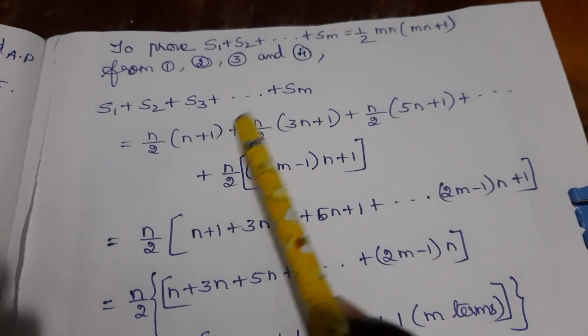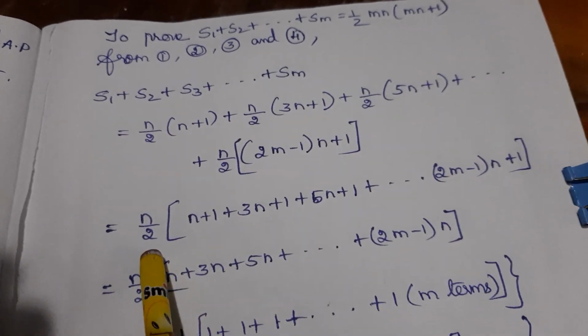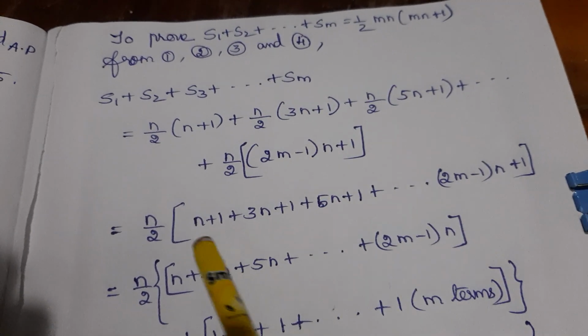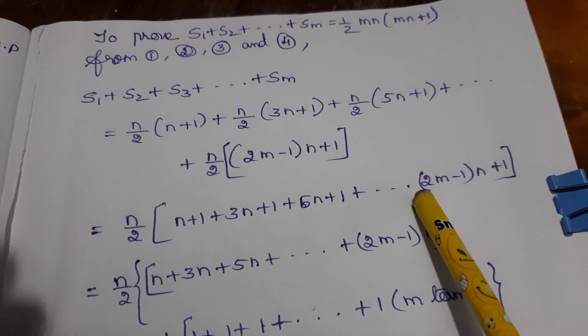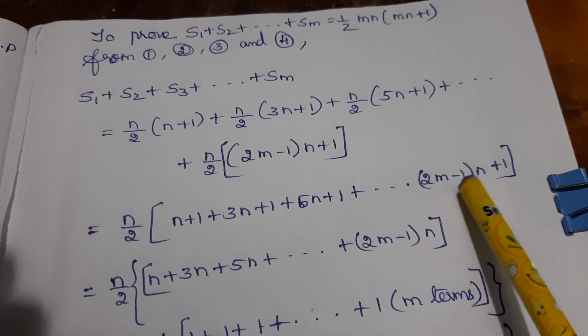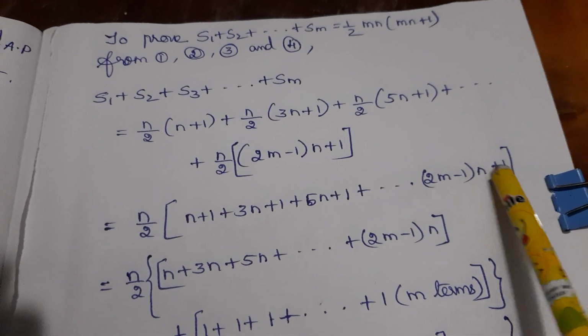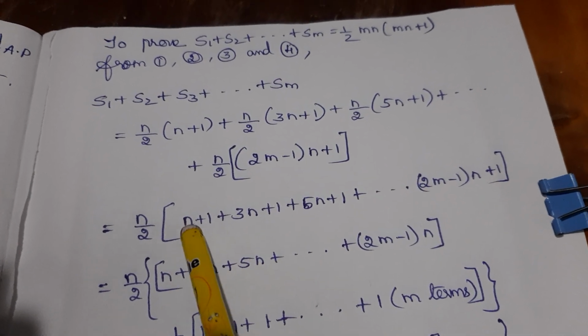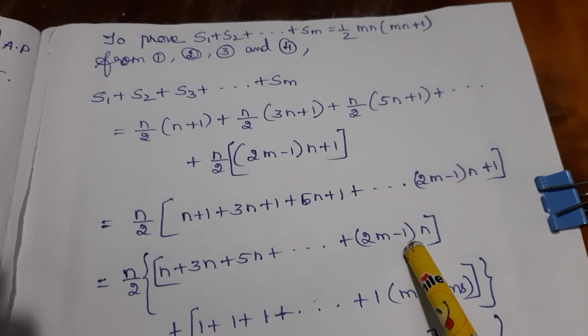Understand? From this, n by 2 is common in all the terms, so you can take it outside. The remaining you add, so (n plus 1) plus (3n plus 1) plus (5n plus 1) plus etc. plus [(2m minus 1) into n plus 1]. Okay, in all these, the terms which have n, you take them separately.